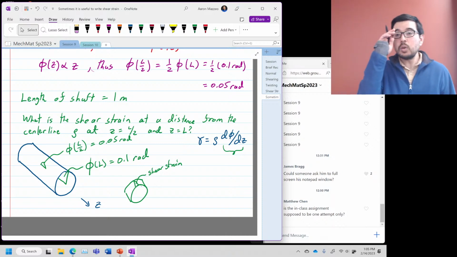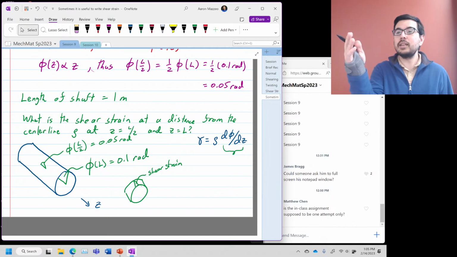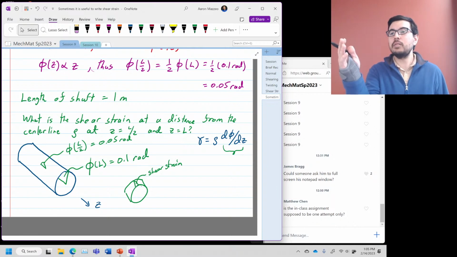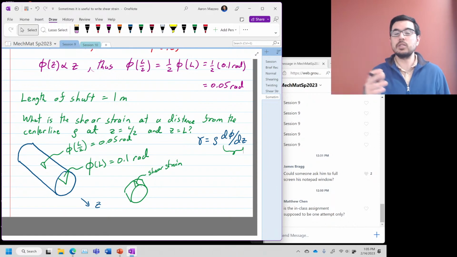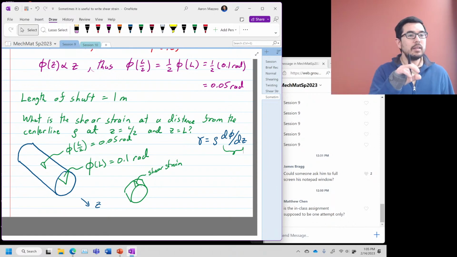Sure. So the angle is 0 at z equals 0, right? And we need the slope, right? And the angle is 0.1 radians at z equals L, and we know that L is 1 meter. So the slope is just going to be the angle at z equals L divided by the length.